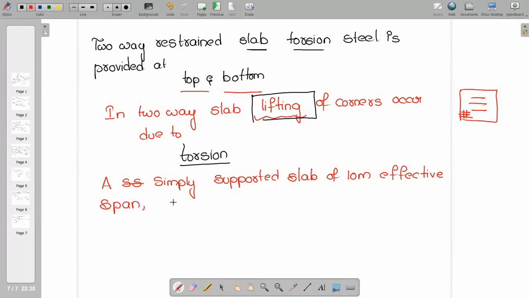The minimum effective depth to satisfy the vertical deflection is.